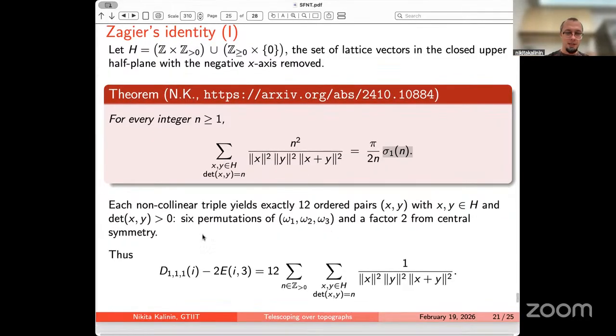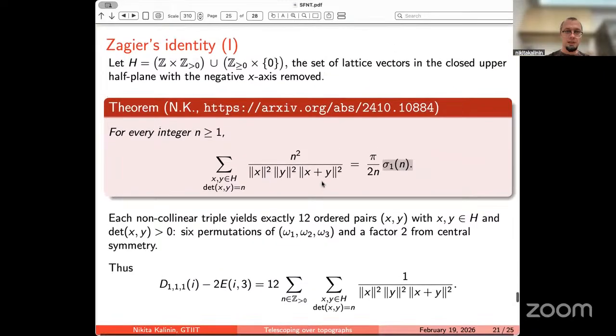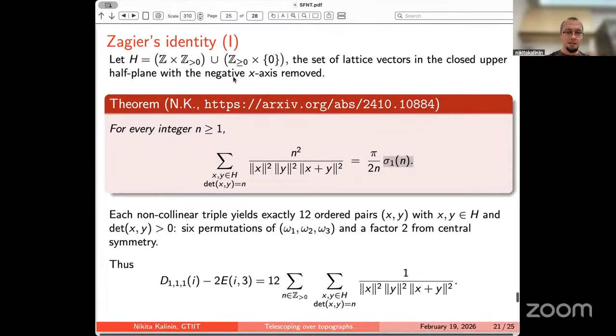Then when you put z equal to i in the Zagier identity, it means that you consider just the standard lattice, z plus zi. This Eisenstein series corresponds to the vectors when they are collinear.